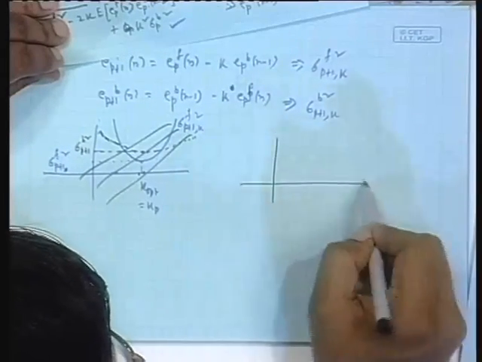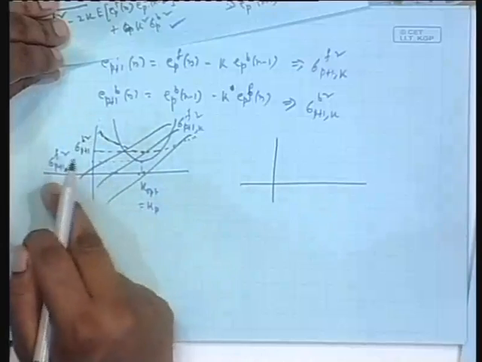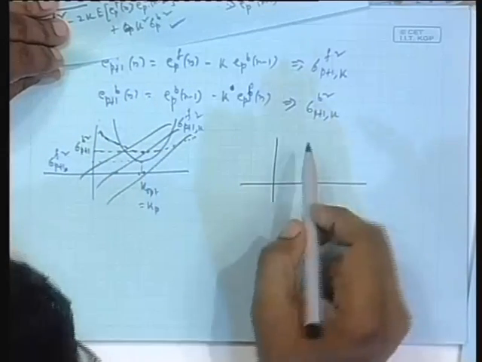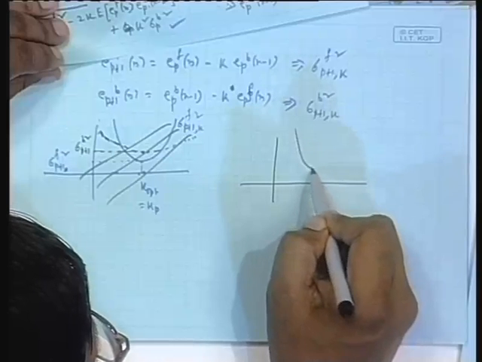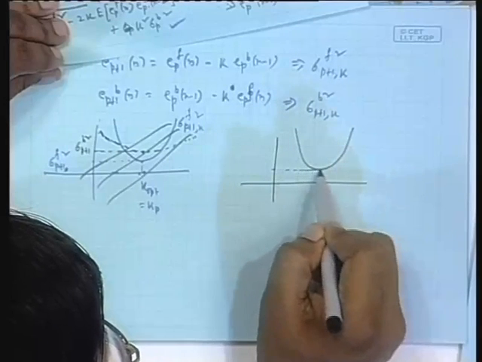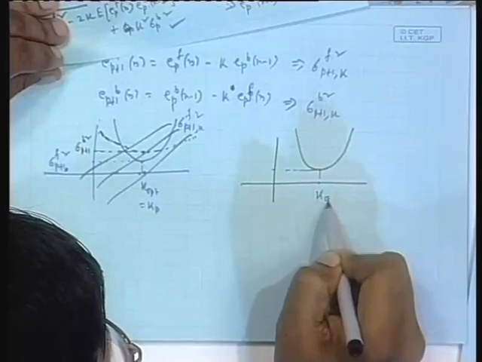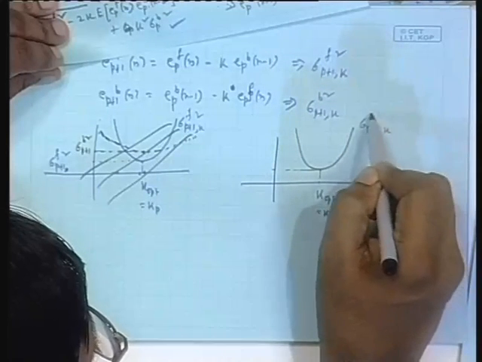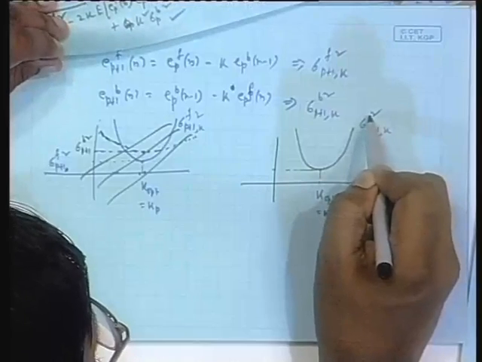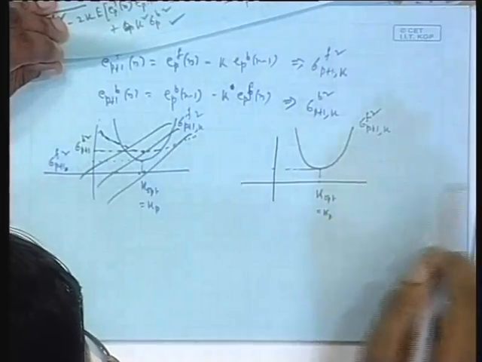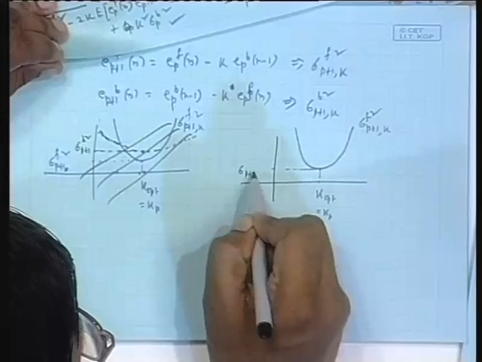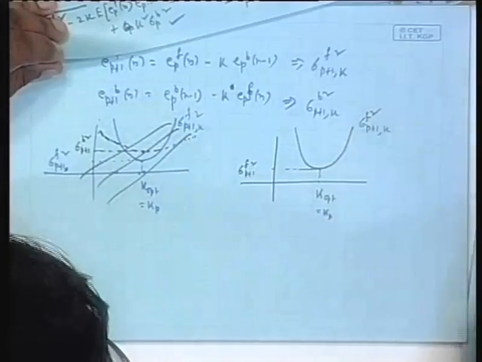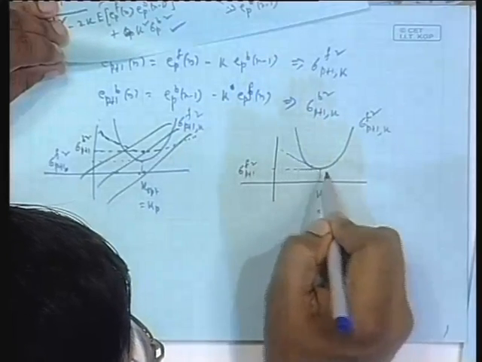This figure is not correct, because even these two are the same, so I should not show them to be different. K opt equal to k p, this is sigma p plus 1 comma k square with f of course, and the other one could be like this.